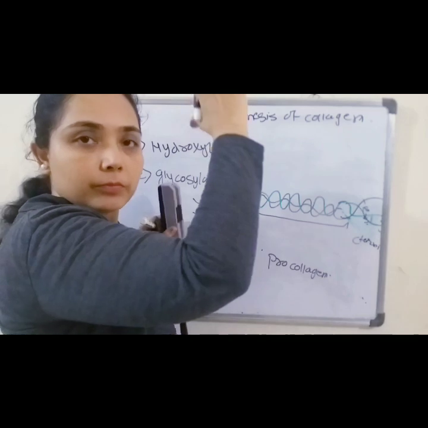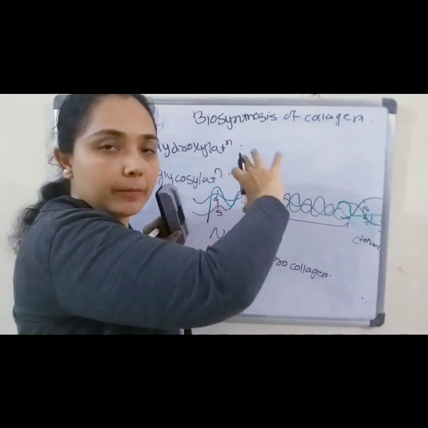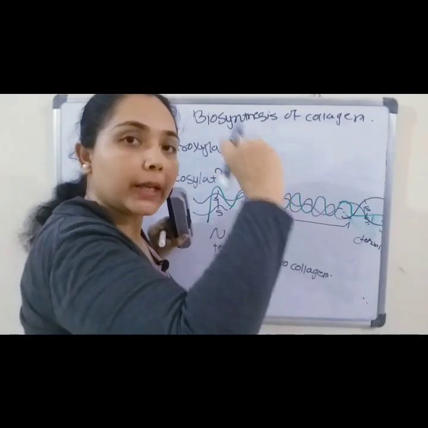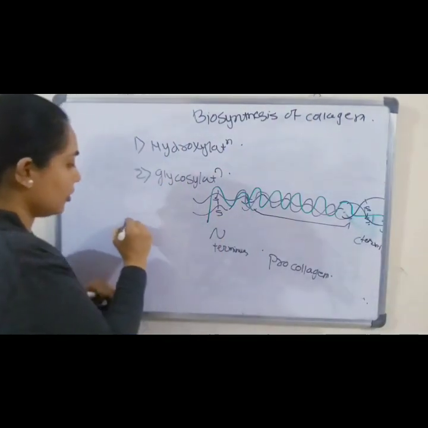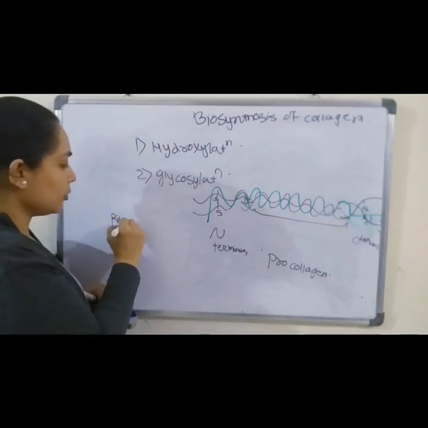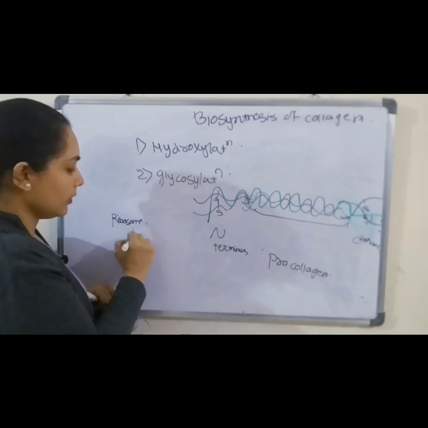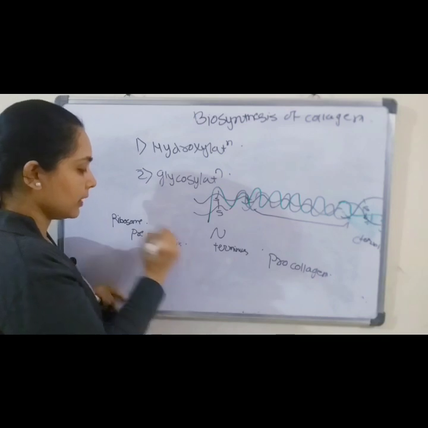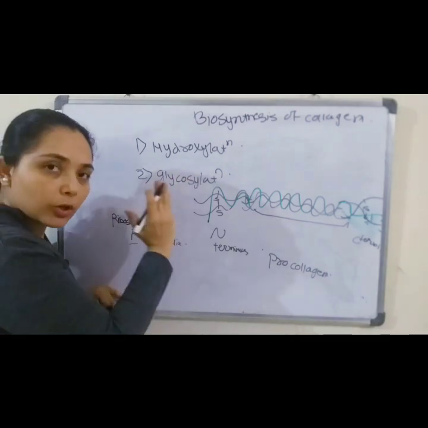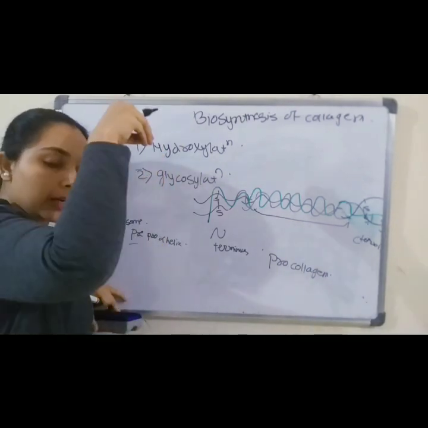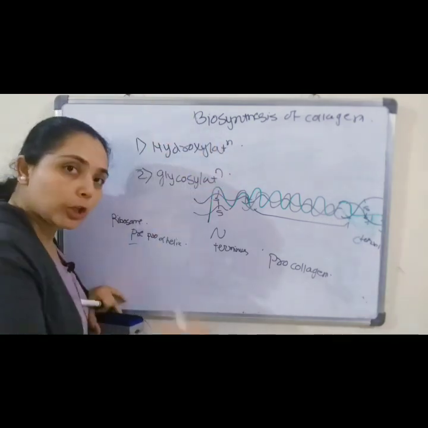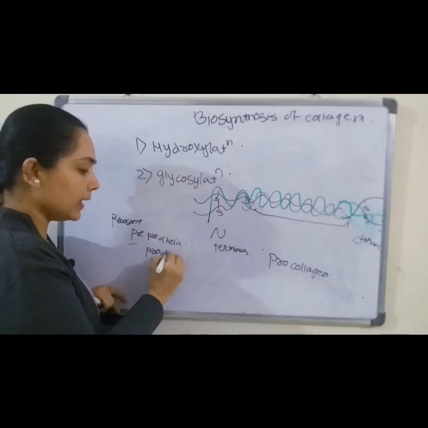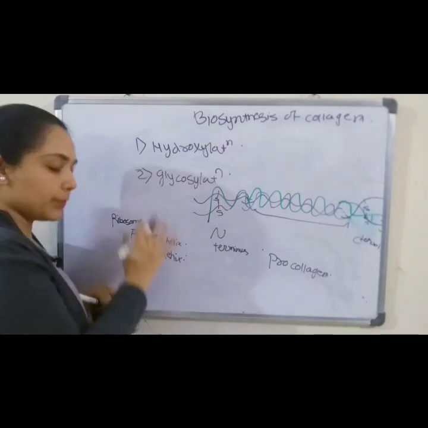So after the mRNA, on the rough endoplasmic reticulum, what do we get? The pre-pro alpha chain on the ribosome. Then after the removal of the signal peptide, which helps in the entry of the pre-pro peptide into the lumen of the endoplasmic reticulum, we get the pro alpha chain.